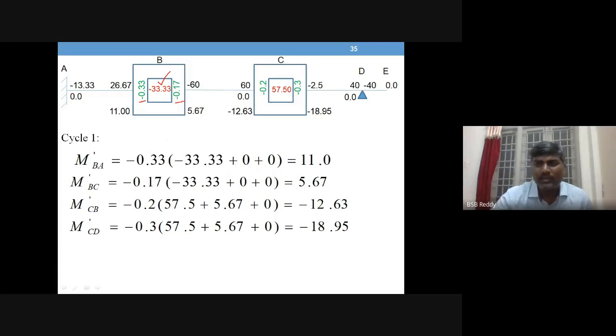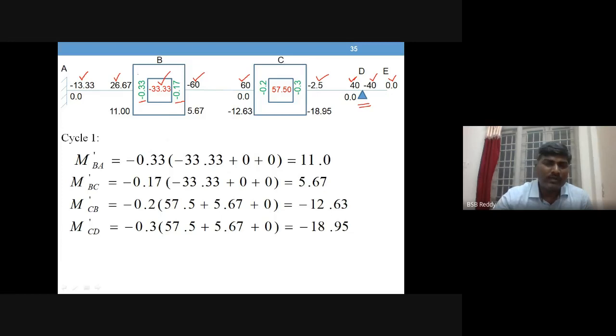And the cantilever portion shall be maintained as it is. Right, now you write all these fixed end moments which are found from step 1, and you see this is the modified value, and then the cantilever moment minus 40. Okay, and the free end is 0.